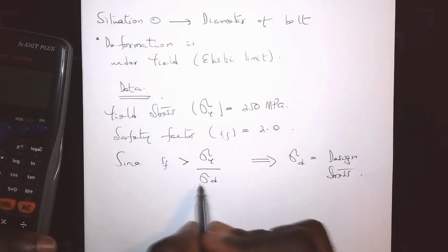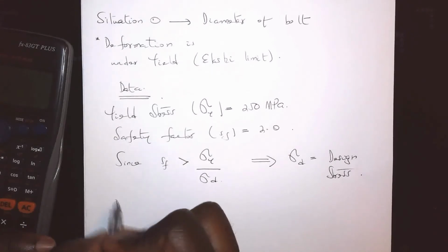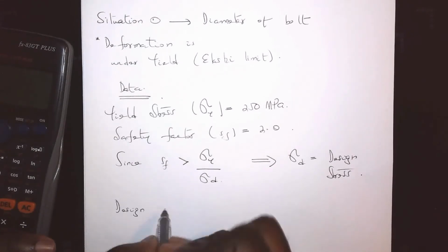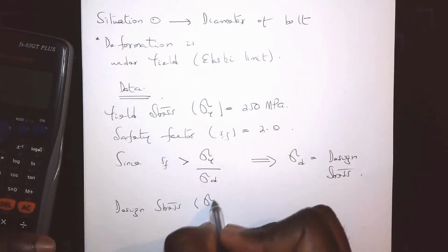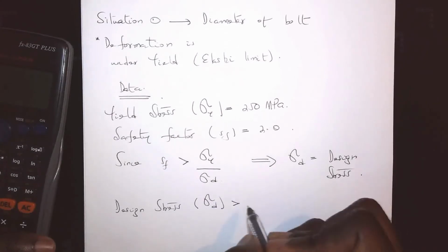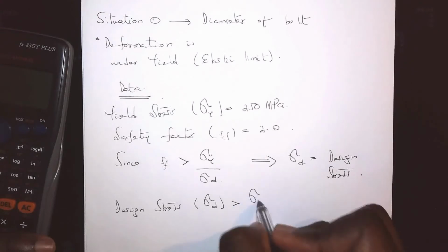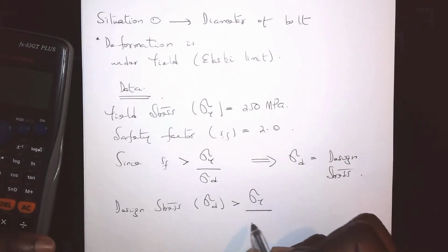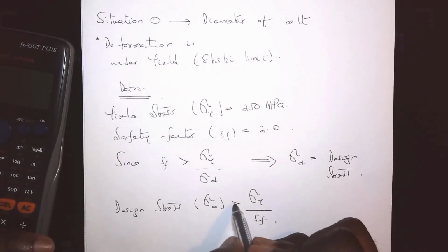By making sigma d the subject of this equation, the design stress sigma d will be equal to sigma y over safety factor.